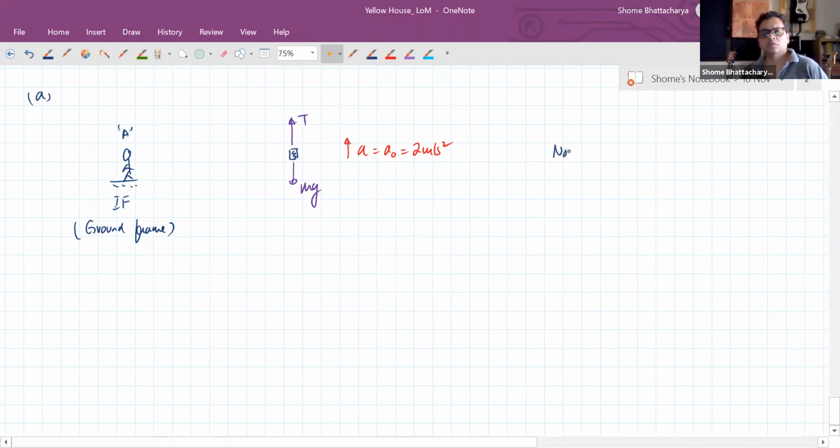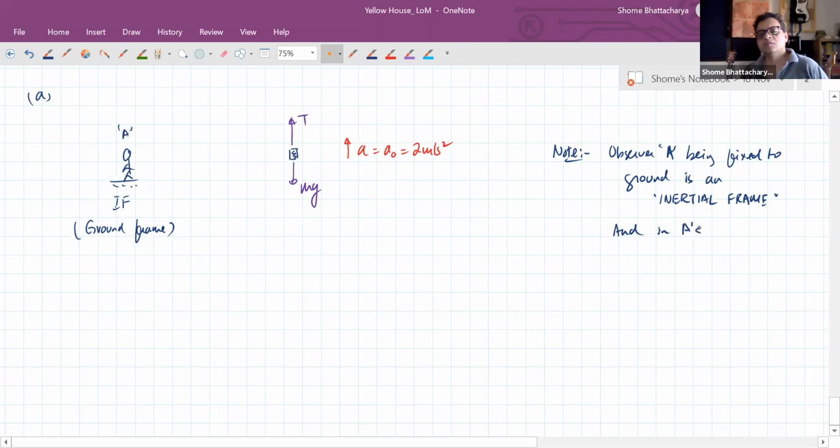So observer A being fixed to ground is an inertial frame, and in A's frame, the block has a vertical acceleration of a.